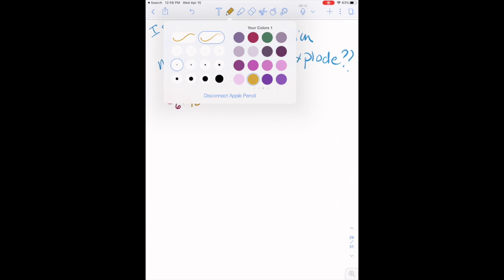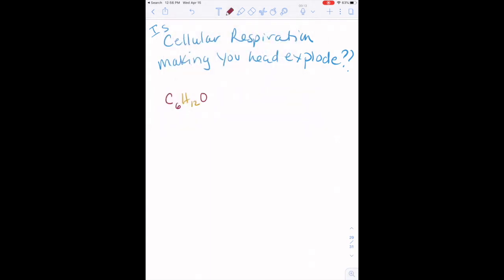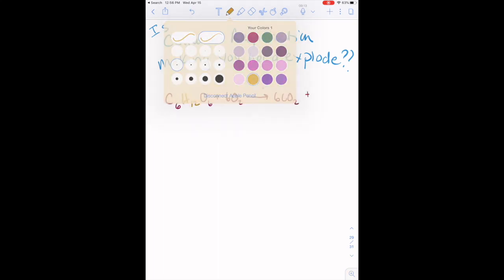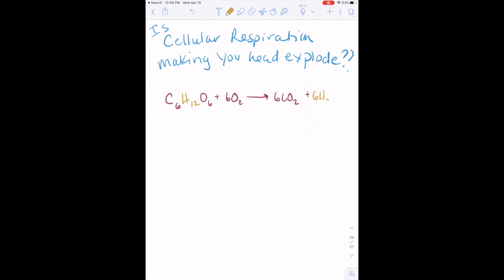C6H12O6 plus 6O2 yields 6 CO2 plus 6H2O. There we go. This is the overall chemical reaction for aerobic cellular respiration.